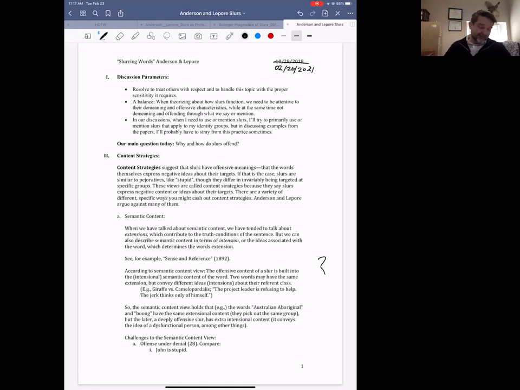Philosophers, since at least the article On Sense and Reference by Gottlob Frege, published in 1892, have argued that there's actually another component aside from the extensional component that contributes to word meanings. One simple example Frege uses is the morning star versus the evening star.